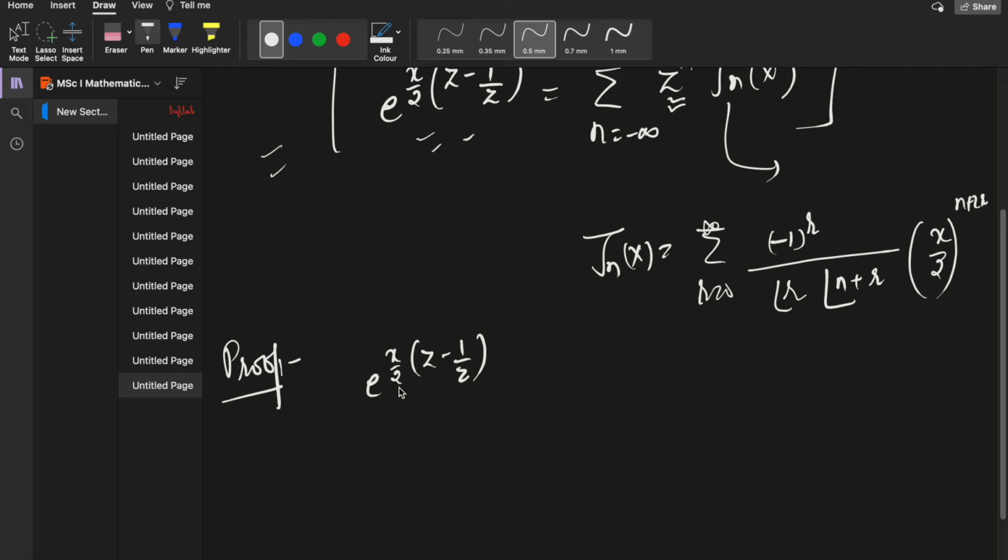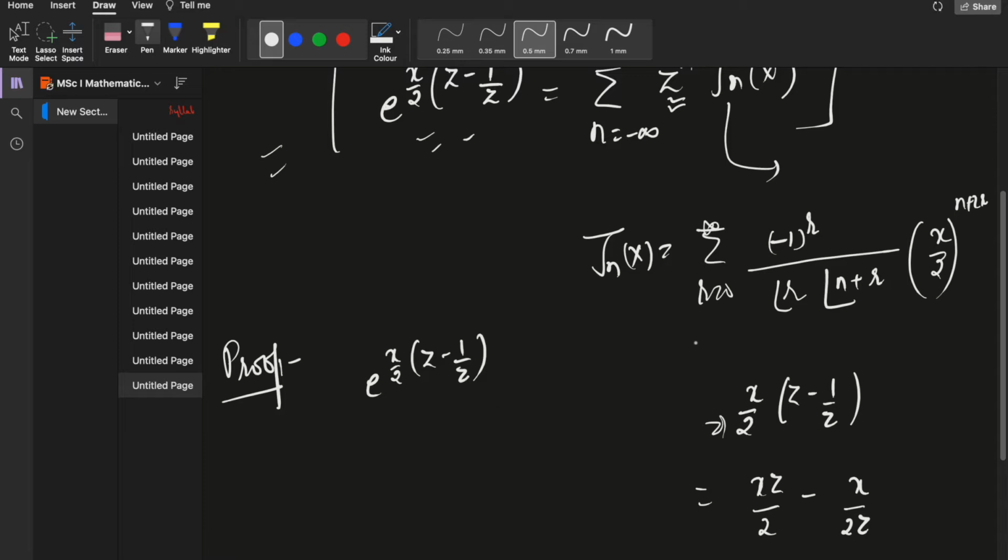If we treat x upon 2 times (z minus 1 upon z), I can write it as xz upon 2 minus x upon 2z. I can rewrite this as this.